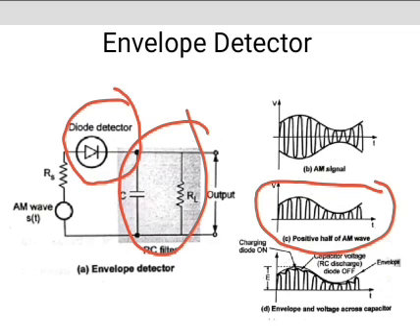When the input signal falls below this value, the diode becomes reverse biased and the capacitor C discharges slowly through the load resistance RL. The discharging process continues until the next positive half cycle. When the input signal becomes greater than the voltage across the capacitor, the diode conducts again and the process is repeated.